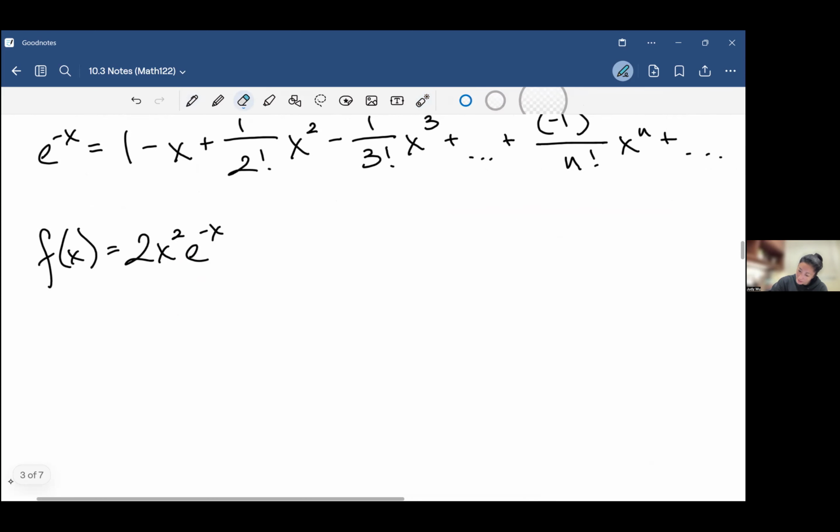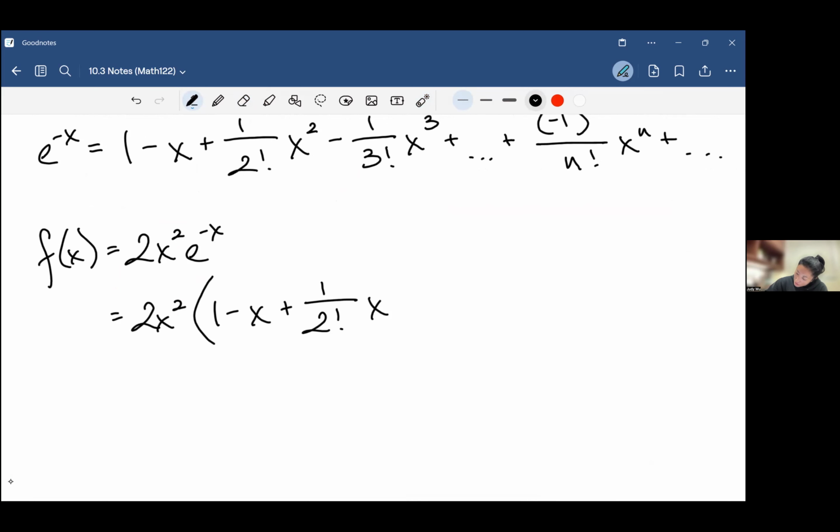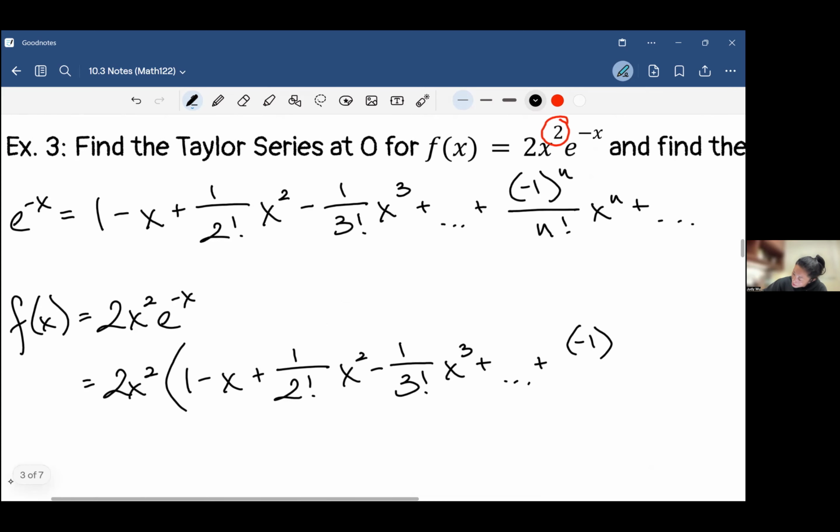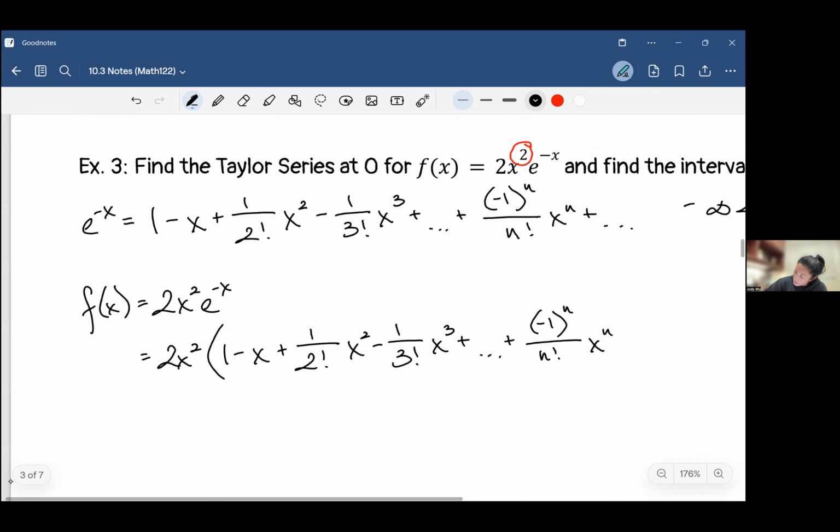All right, what does that get us? 2x squared times 1 minus x plus 1 over 2 factorial x squared minus 1 over 3 factorial x cubed plus -1 to the n over n factorial x to the n. And I'm going to keep going.